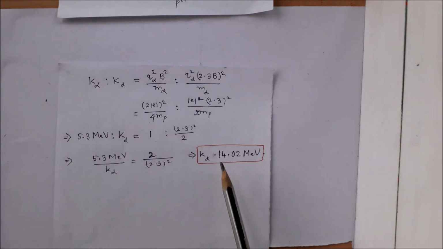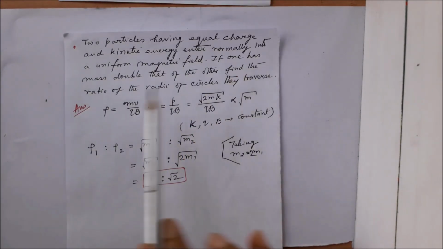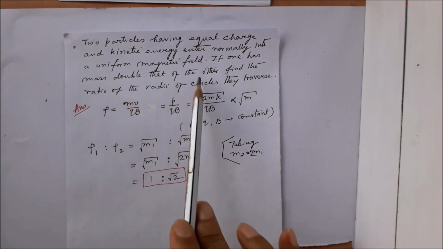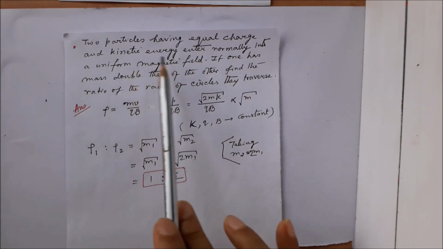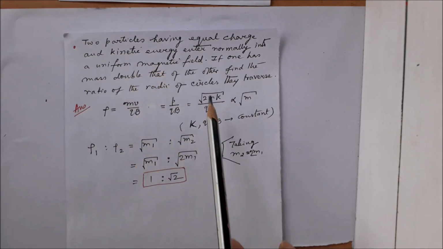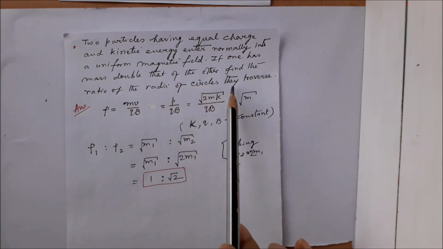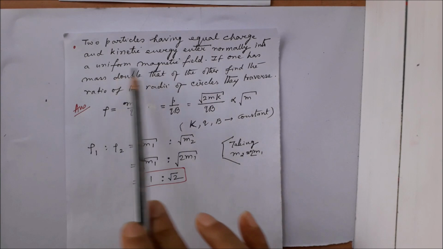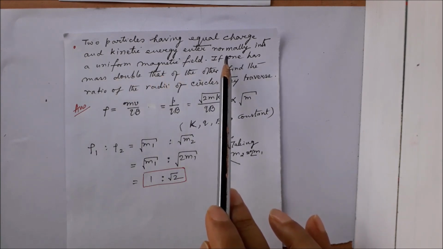Next problem involves two particles, one having mass double that of the other, and they have equal charge and equal kinetic energy, and they are in the same field. We have to find the ratio of radii of circles which they traverse in the uniform magnetic field which they enter normally.